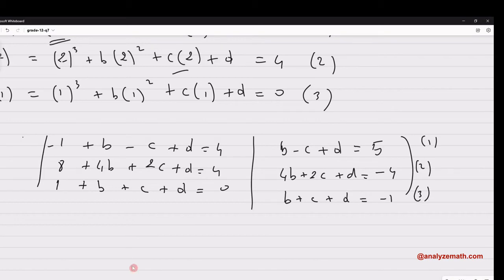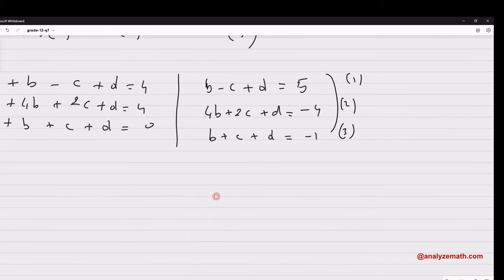And then start solving. Now when I examine the three equations, I notice that this is b here and b here, d here and d here. So a simple subtraction will give me an equation in one of the variables. So let's do equation 3 minus equation 1.